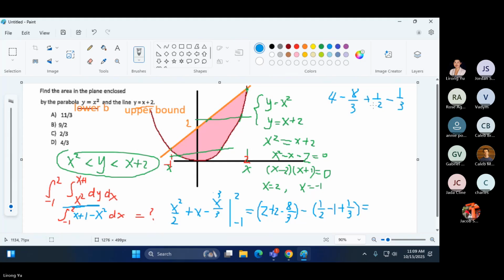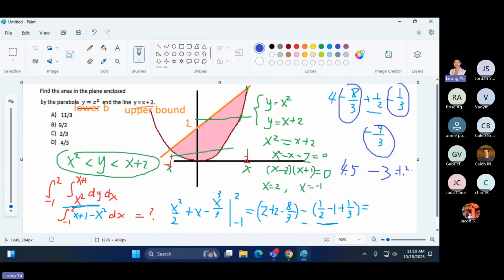Minus 8 minus 1 is actually minus 9 over 3. We did 1/2 minus 1, which is -1/2, and there's another negative here. So if we combine this one with this one, we get -3. And then we combine the rest of them, which is 4.5. So finally it will be 4.5 minus 3, and your final answer will be 1.5.